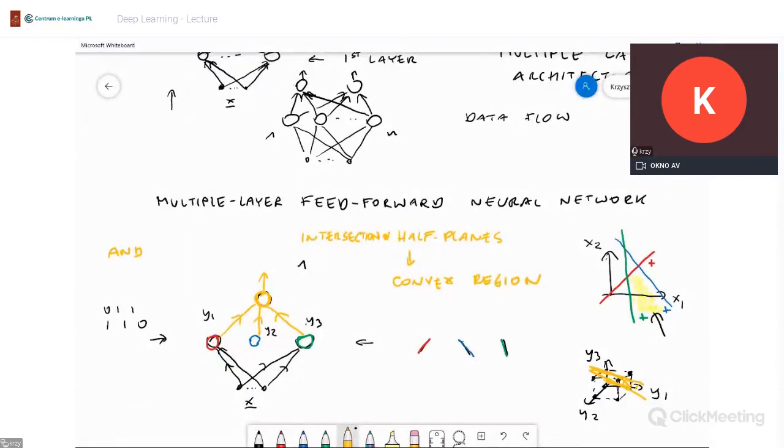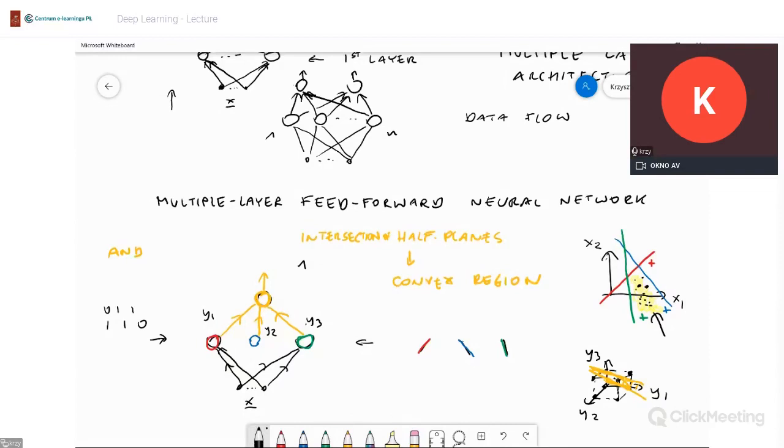So if I would like to explain what the second layer neurons are actually doing, I can say they are trying to identify or locate convex regions. And these convex regions might just be regions where samples from my class are located.